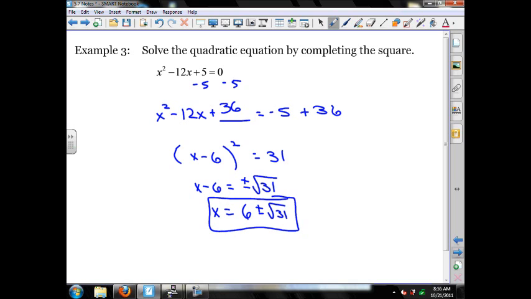X equals 6 plus or minus root 31. Questions on how we got that? If root 31 can be simplified, you need to. 31 is prime, though. We can leave that one alone.